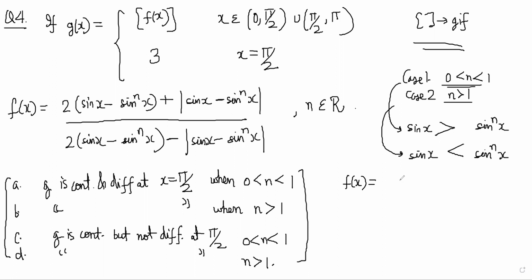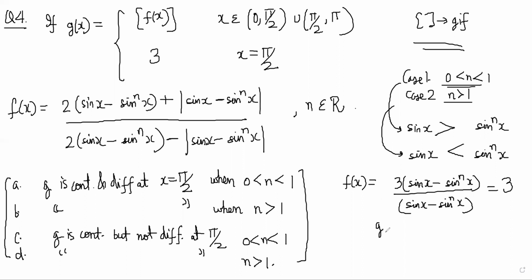So on top it will be 3 times (sin x minus sin^n x), and in the denominator it will be 1 times the same. Actually, it will become 1 time, so the function f(x) is 3, when 0 < n < 1, right?